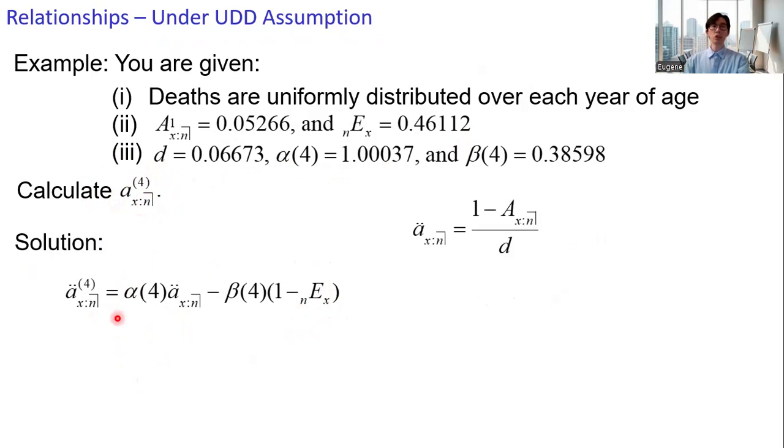Using the YZ relationship, the N-year annuity due, we get 1 minus the present value for the N-year endowment insurance over d. The N-year endowment insurance, the big A notation here, equals the present value of the N-year term insurance plus NEX.